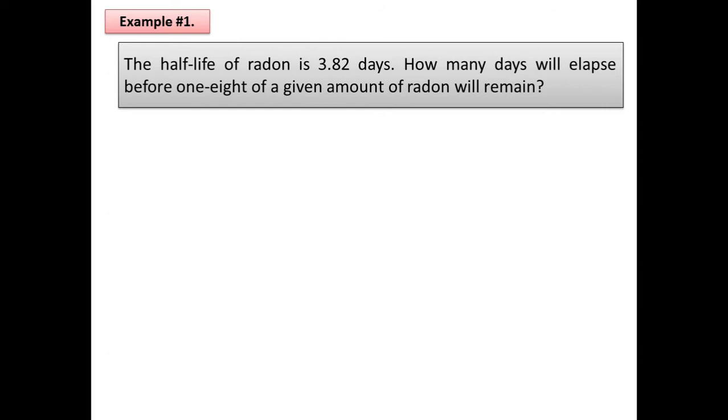Yan ang problem natin, since alam natin na the half-life of the radon, ibig sabihin sa one whole of the radon, kung kukunin natin yung kalahati doon, it takes 3.82 days para ma-decay niya yung half doon. So ibig sabihin, every 3.82 days na interval, nababawasan ng half yung radon. Pero ngayon, ang tanong niya dito, anong interval, how many days ang kailangan natin para instead of 1/2 ang matira, 1/8 lang ang ititira natin sa radon. So that is the problem now.